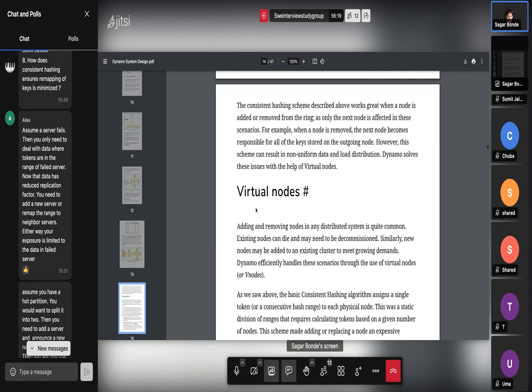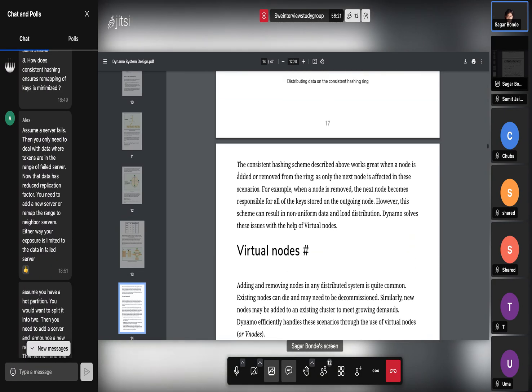Can we go down? So the consistent hashing scheme described above works great when a node is added or removed from the ring, as only the next node is affected in this scenario.